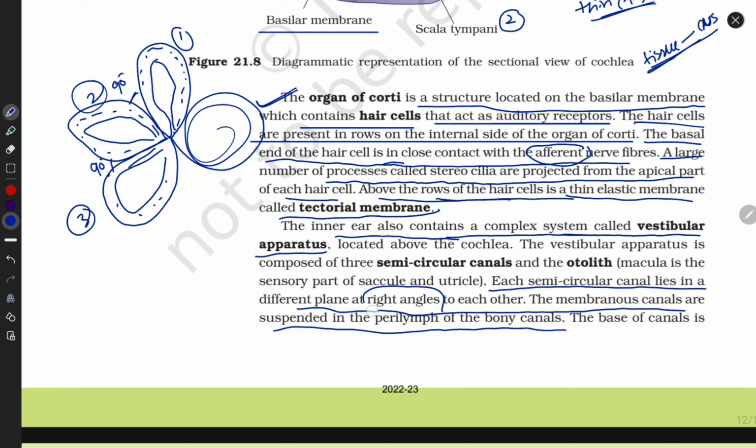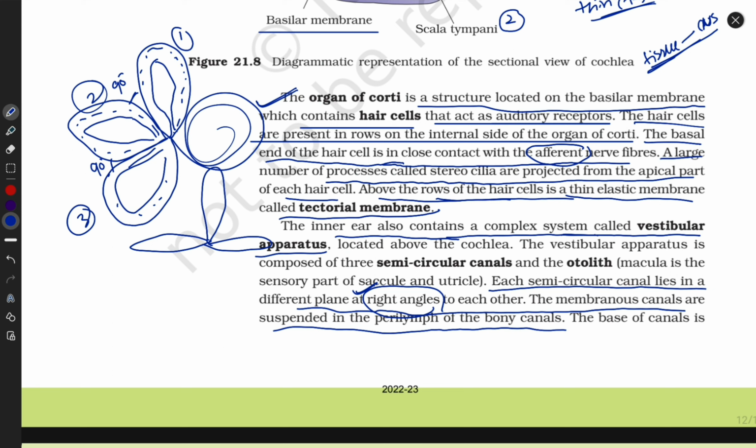Look at here, this much angle, and second this, and third is this. So they can balance sound and air during sleeping, walking, running. They are perfectly oriented, so they can balance sound and air easily.